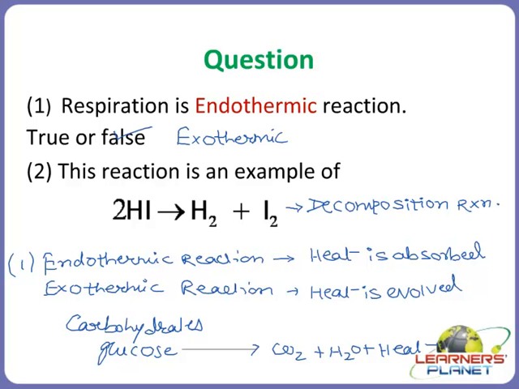Right? And can you give me an example of an endothermic reaction? Say photosynthesis. Photosynthesis is an endothermic reaction. Why? Because it is using carbon dioxide and water and using sun energy to convert it to sugar. So it is taking up energy.